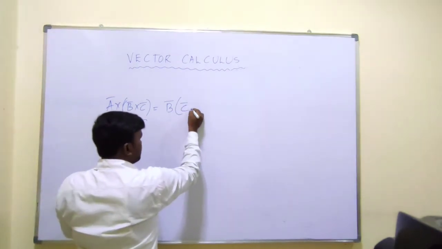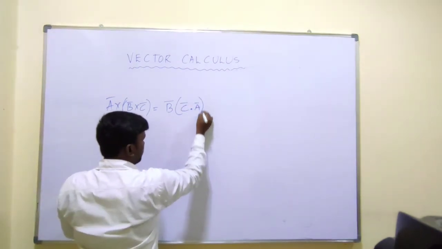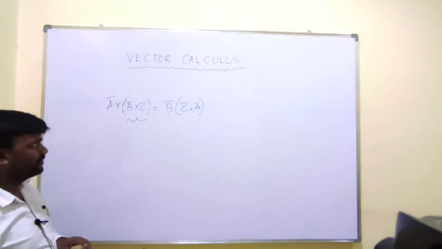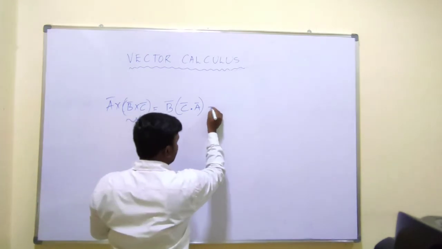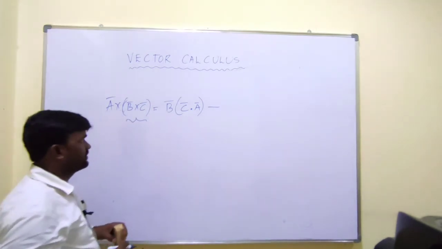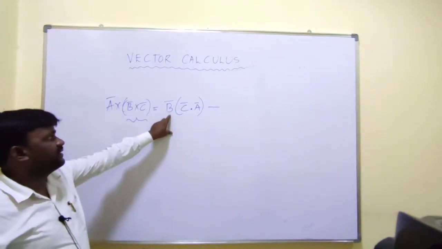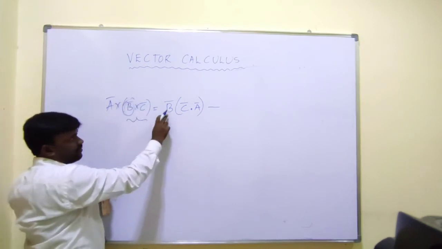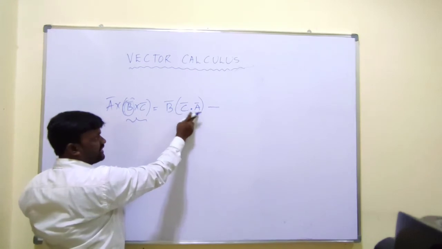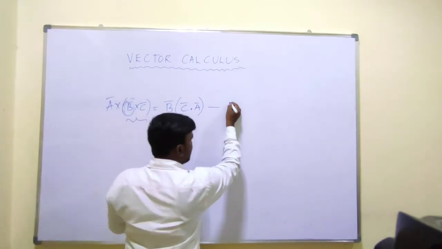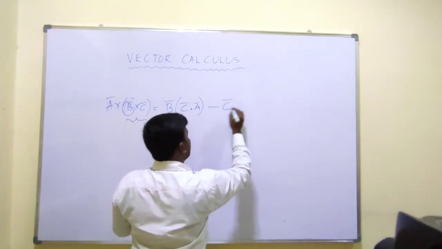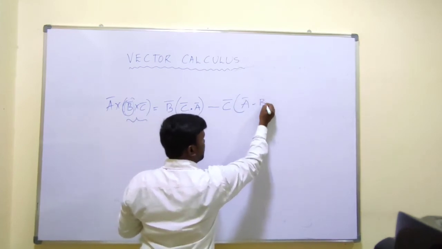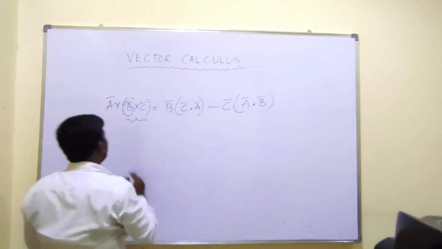C, that is C dot A bar, minus. After B, the next term: focus on this, B after B is C, after C is A. Next write vector C into, after C, A bar dot B bar.